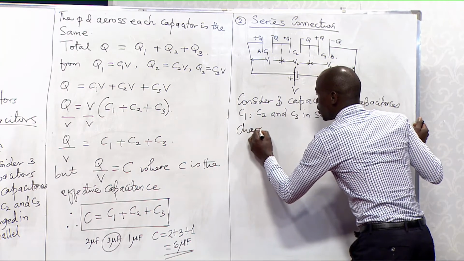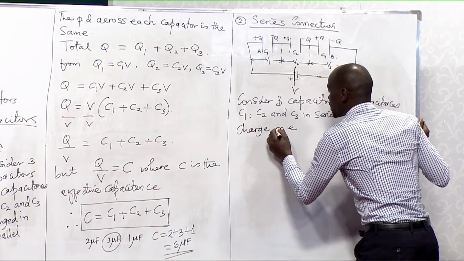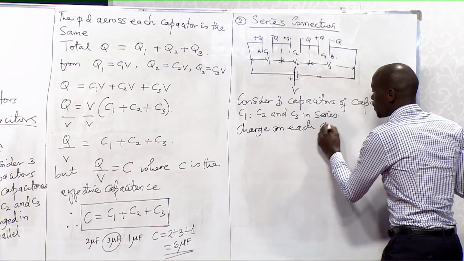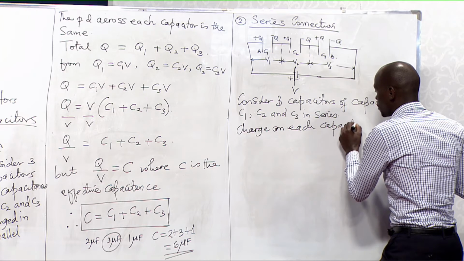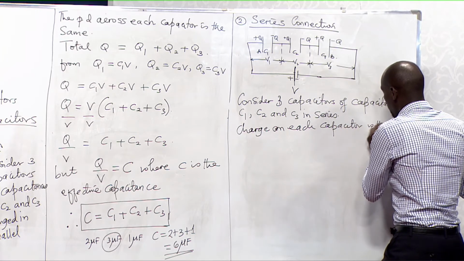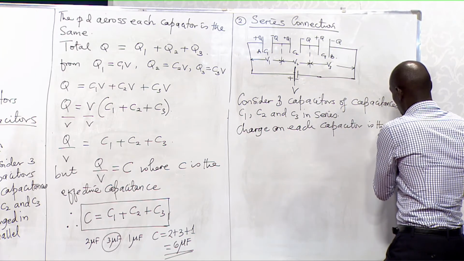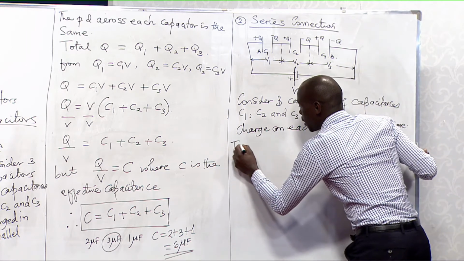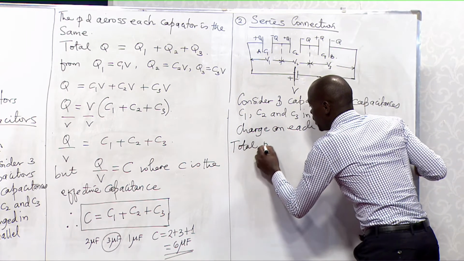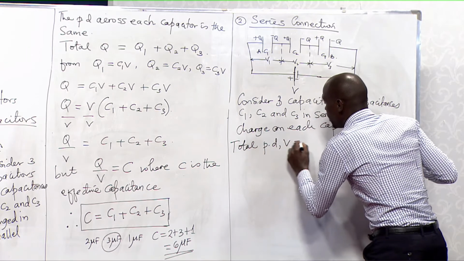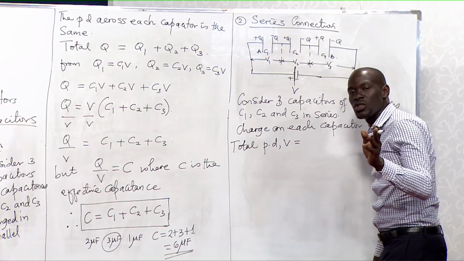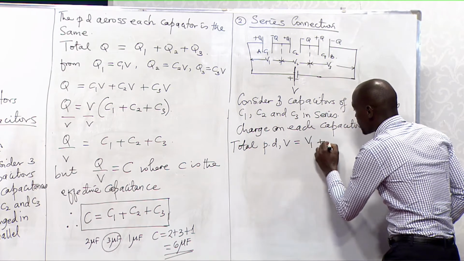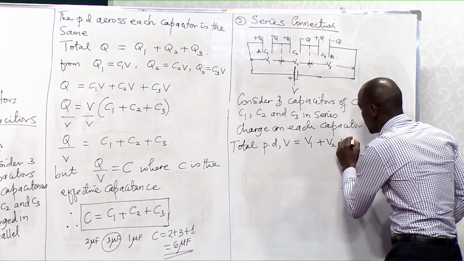Charge on each capacitor, that is the charge stored on each capacitor, is the same. Okay? So total PD V will be equal to, we've said it is the sum of each of the PDs across. So it will be V1 plus V2 plus V3.